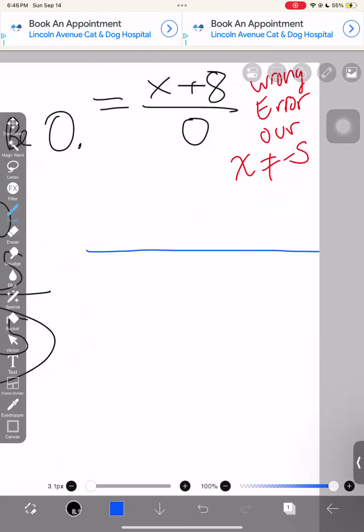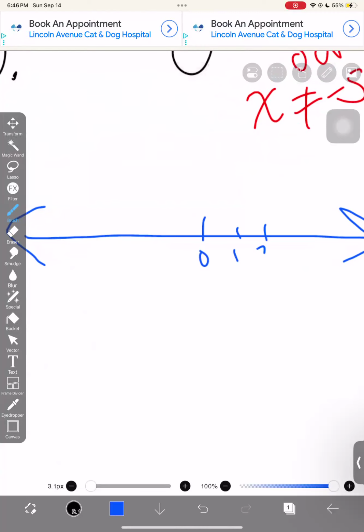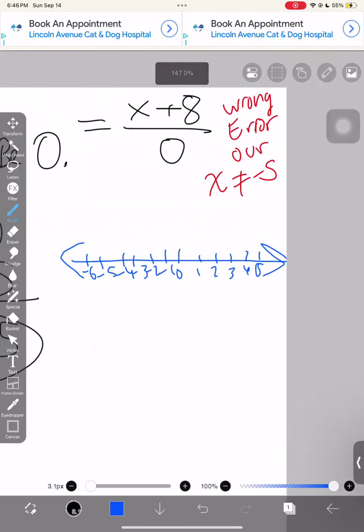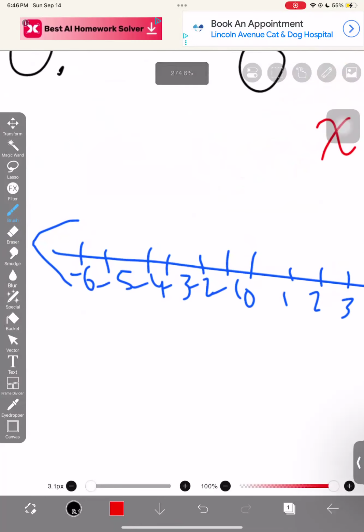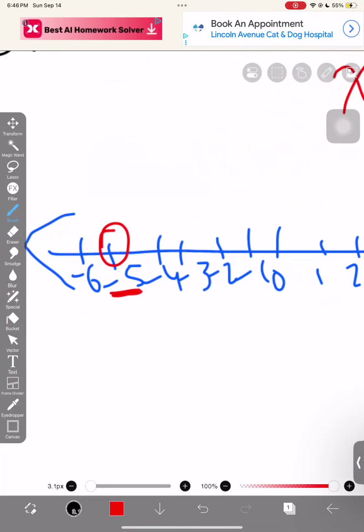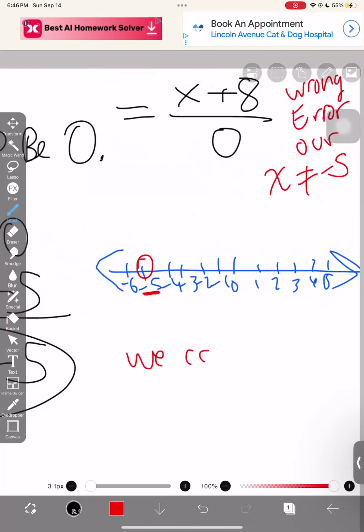So we have all these numbers, and the only number that we cannot be is -5.